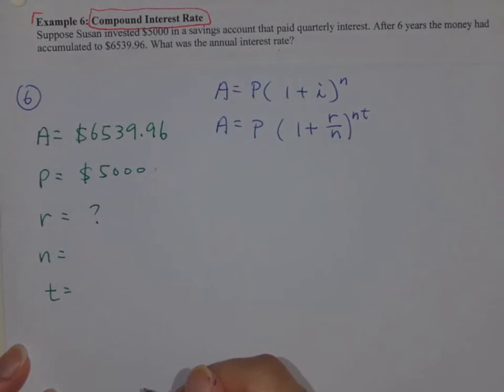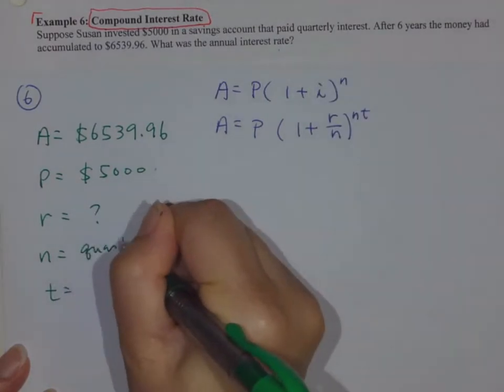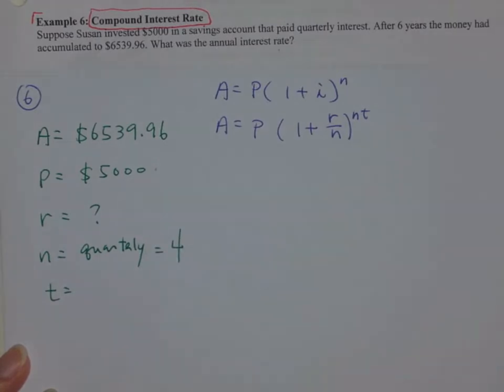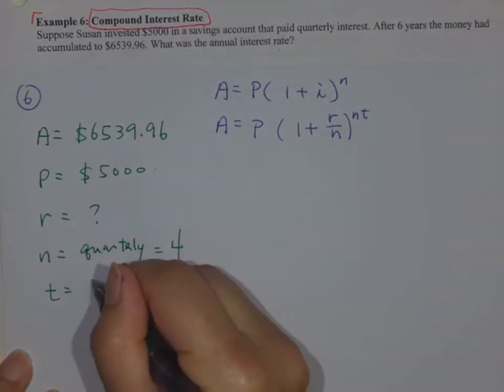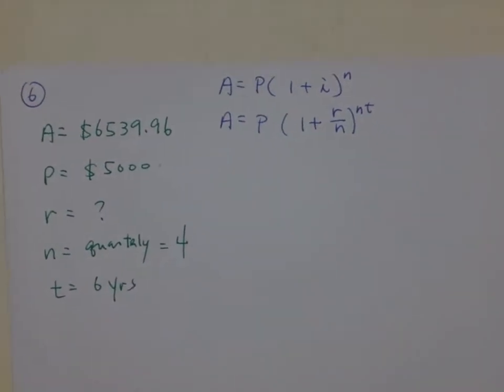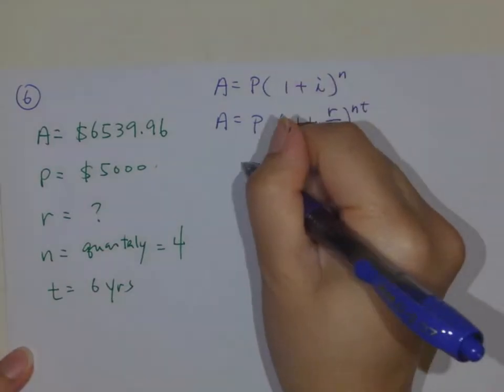And n is how many times compounding per year, and it's quarterly, which is 4 times a year. And t is how many years? We have 6 years.